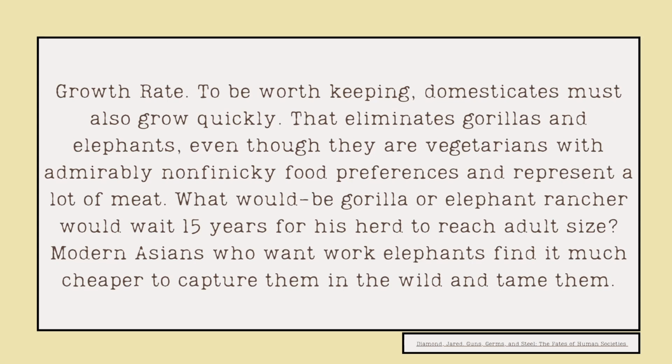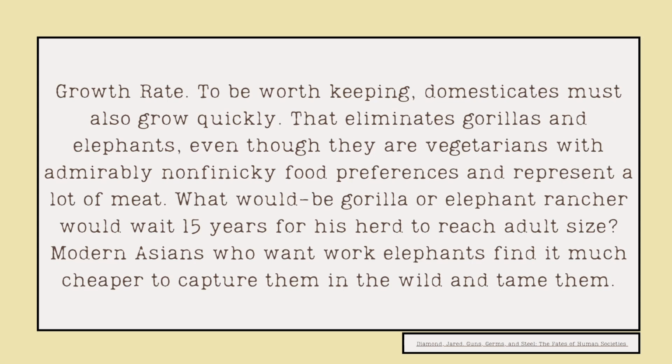Again, this comes back to cost-benefit analysis when it comes to whether or not we should be domesticating these types of creatures. How long is it going to take for the creature to grow to adult size? When that time frame is shorter, that means that the cost is going to be much lower.